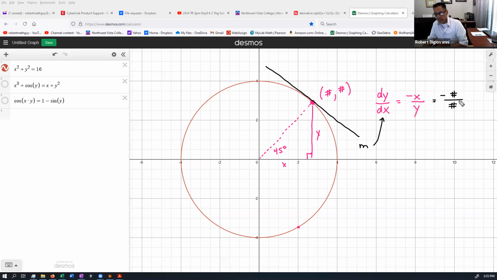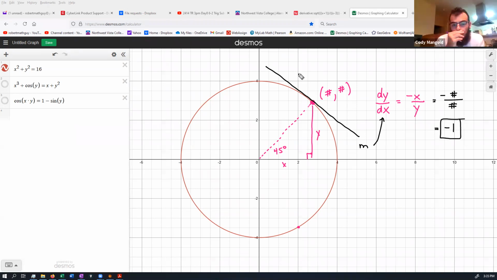And what would that become? What's negative of a number divided by that number? Negative one, right? And so the slope of the tangent line there would be negative 1. Does that slope look like negative 1 to you? Yeah.